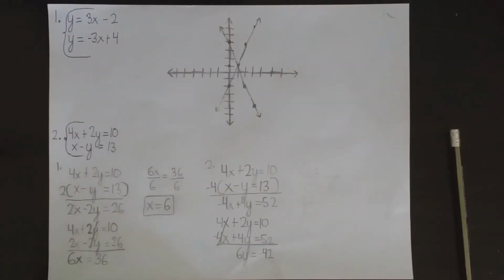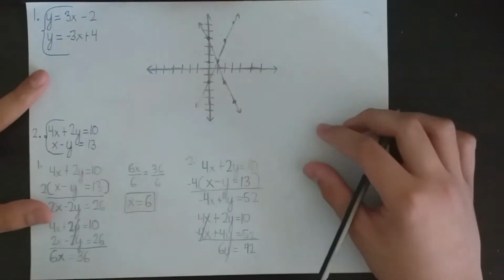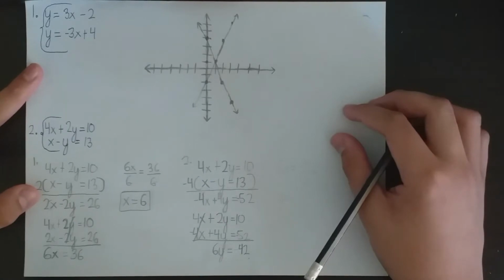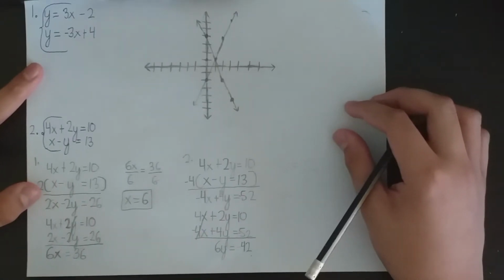Good morning, everyone, and this is our second question, and we will be using the substitution method. Our first equation is 4x plus 2y equals 10, and the second is x minus y equals 13. So we will be multiplying the second equation by 2 to make it compatible with the first equation's 2y, so we could cancel it.